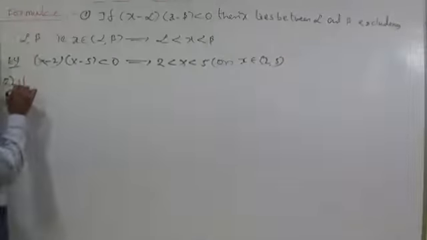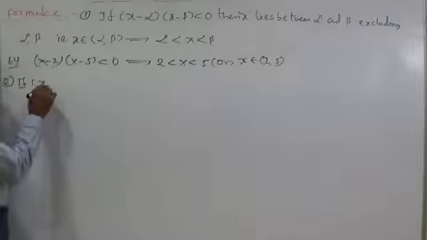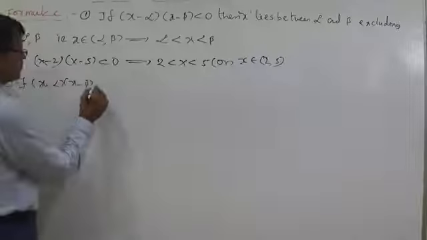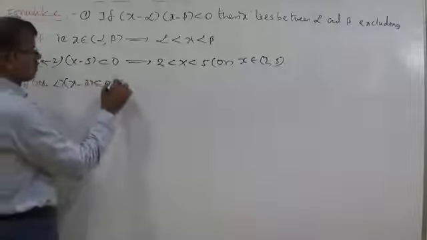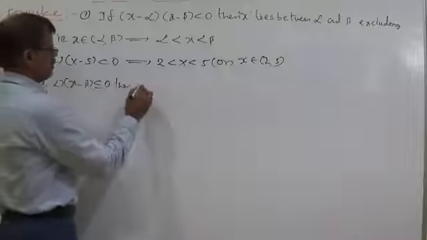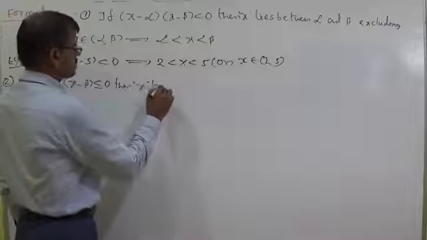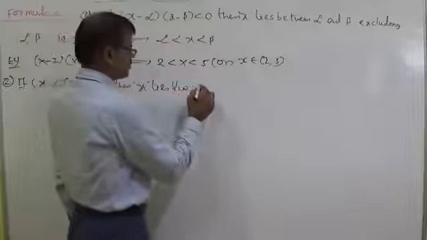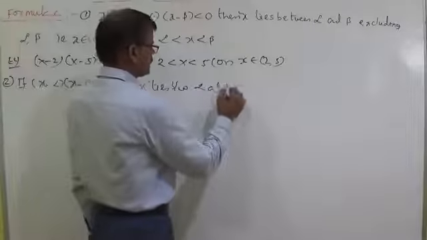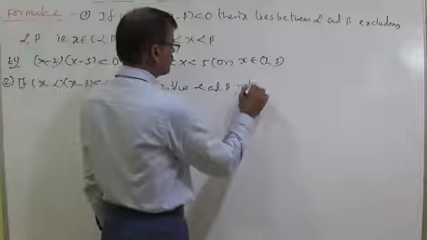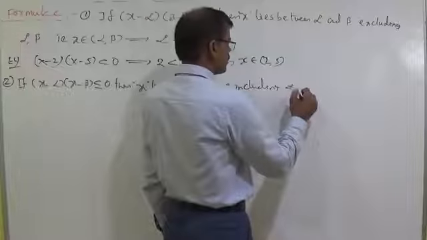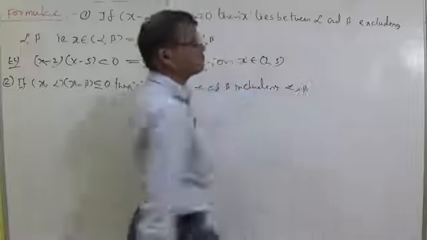Second one: if (x minus alpha) into (x minus beta) is less than or equal to 0, then x lies between alpha and beta, including alpha and beta.